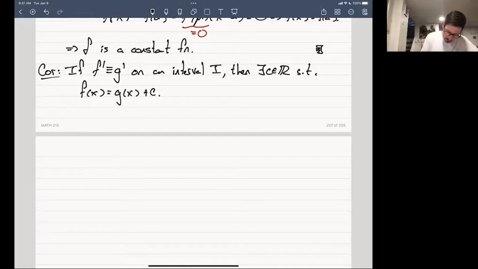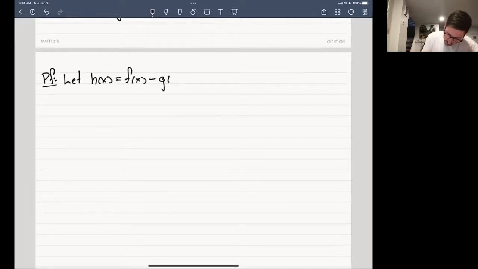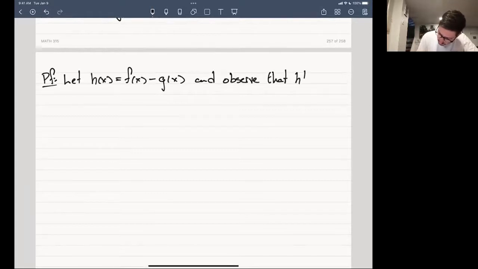Okay, the proof here, really, really nice. It actually just uses the previous corollary, which is just the mean value theorem. Let h of x equal f of x minus g of x, and observe that h prime is identically 0 because f and g have the same derivatives.